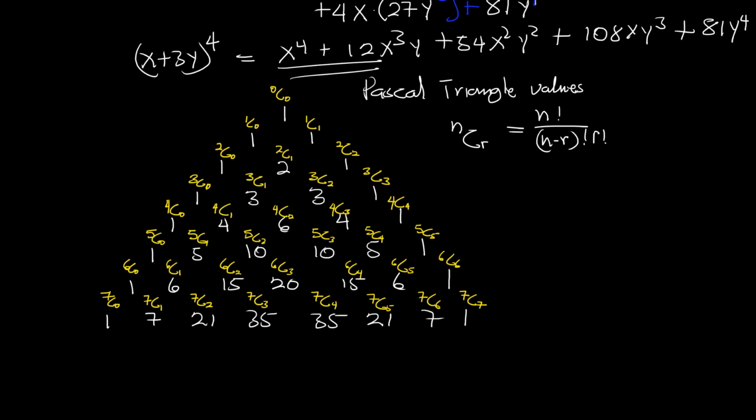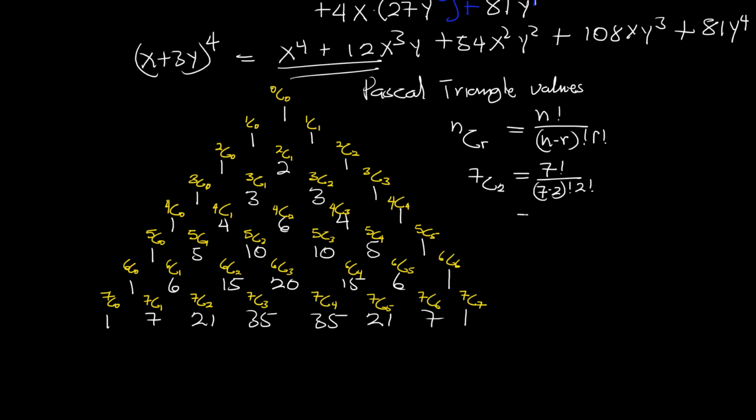Let's take any of the values, and I think I hear somebody say we should take 7 combination 2. So 7 combination 2 will be 7 factorial over 7 minus 2 factorial, 2 factorial.